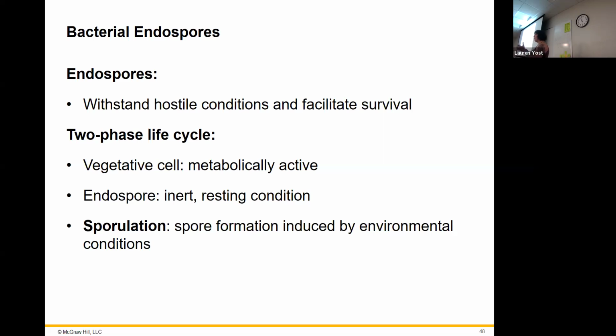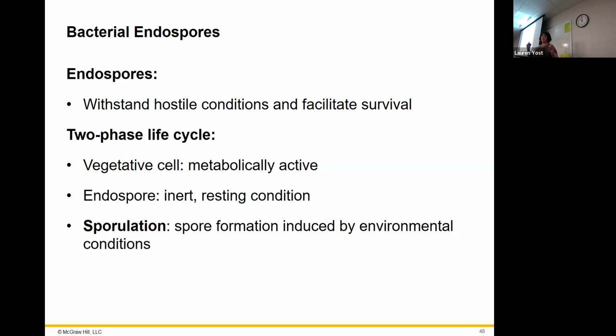But let's say you do. Now they're in an environment that they like, so they're going to pop out of their shell. They're not endospores anymore. Now they're going to turn back into vegetative cells, right? Vegetative cells are when they're happy, they have everything they need. Endo, think of it as inside: we're making them inside of the cell, hunkered inside, resting, dormant.